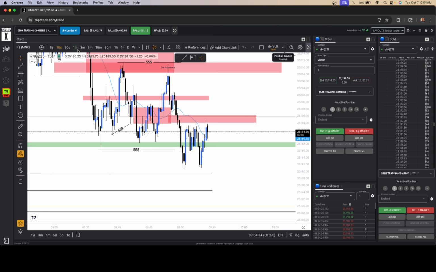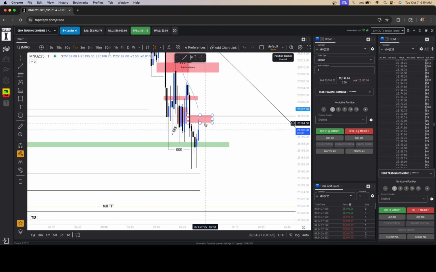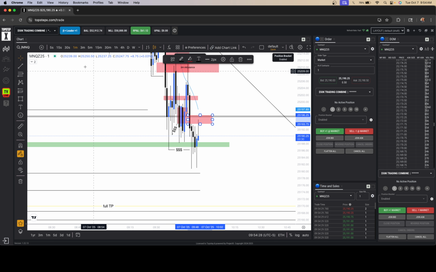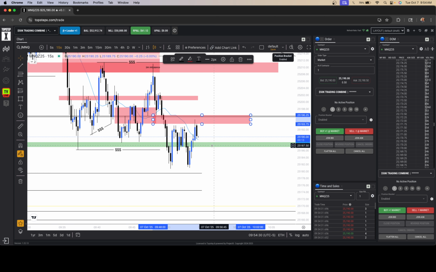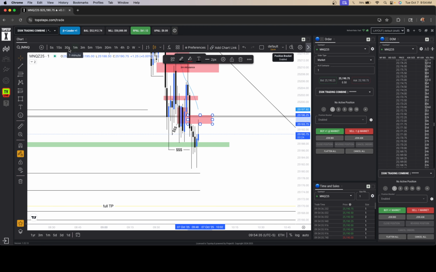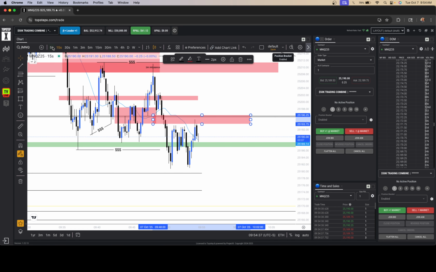Right here, we are in that 1 minute imbalance that I wanted to see hold. So we could reject out of here and then go lower. 1 minute, 15 minute, 5 second.